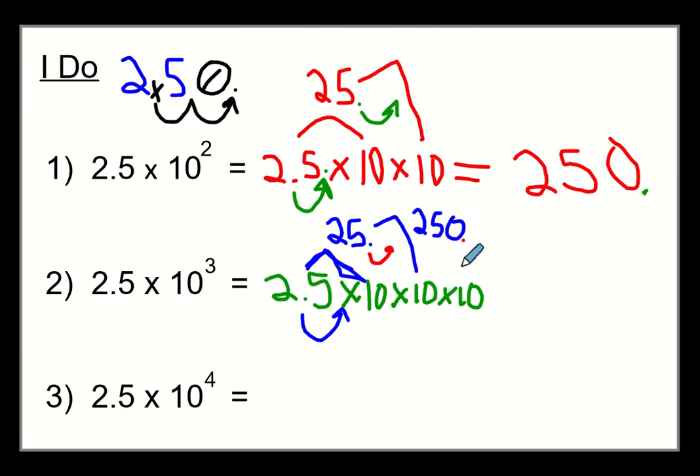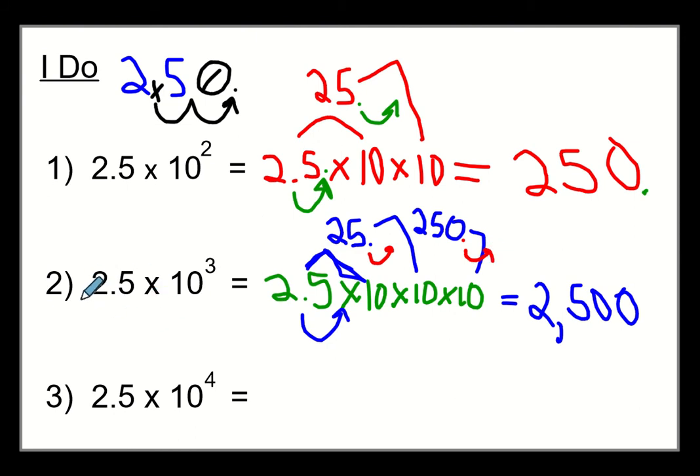But I'm not done because I still need to multiply that 250 by this final 10. When I do that, I end up with the product of 2,500, because again, I have moved that decimal over one more space.